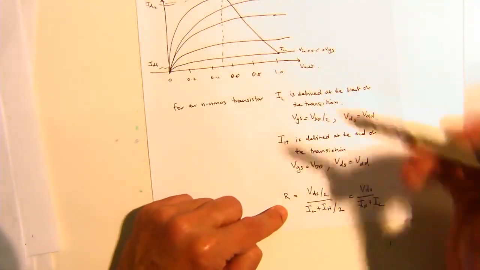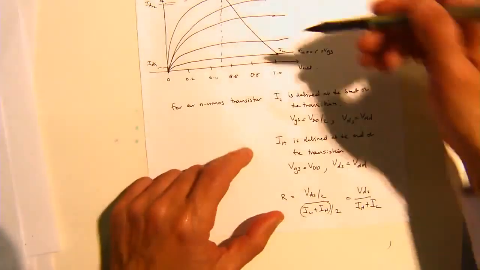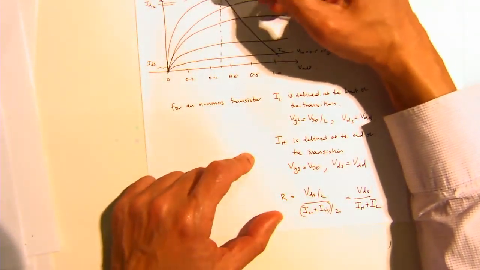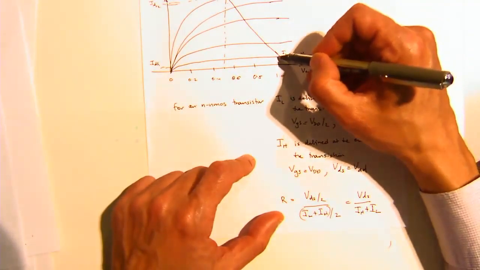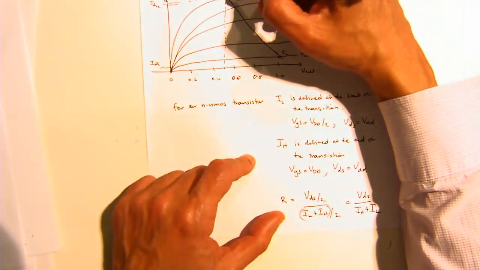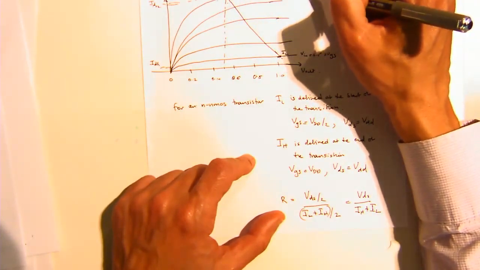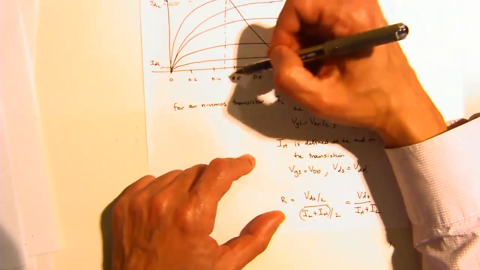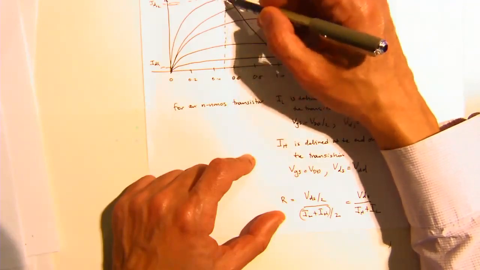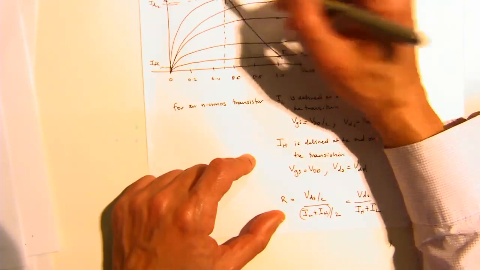Now, what you can show is, it's essentially the gradient of this load line. I've got my current at an output of 1 volt. I want to work out my current when VGS is 1 volt, but VDS is half.